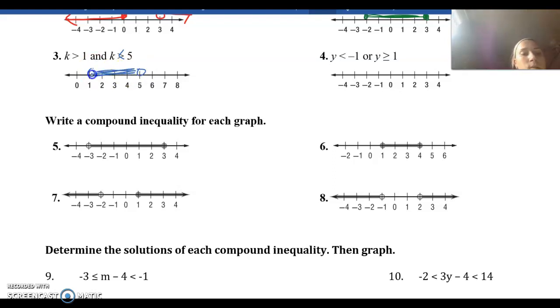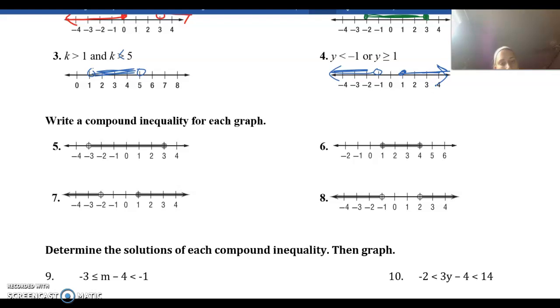So right in the middle there. For number 4, y is less than -1. So we have an open circle, so it's just the less than. Or y is greater than or equal to 1. So we're going to have a closed circle going to the right. And that's number 4 for you.